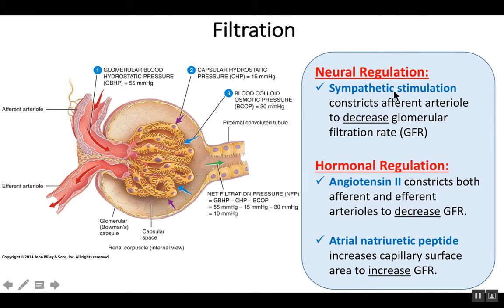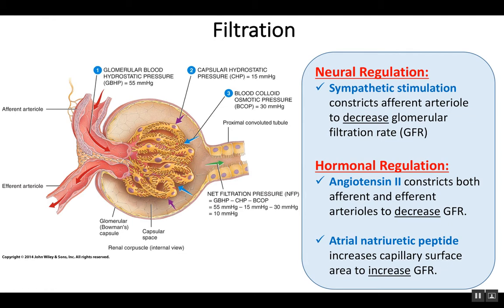So sympathetic stimulation constricts the afferent arteriole to decrease glomerular filtration rate, or GFR. If sympathetic stimulation decreases, for example during rest, then this afferent arteriole dilates, more blood enters, more filtrate gets produced, more urine gets produced.